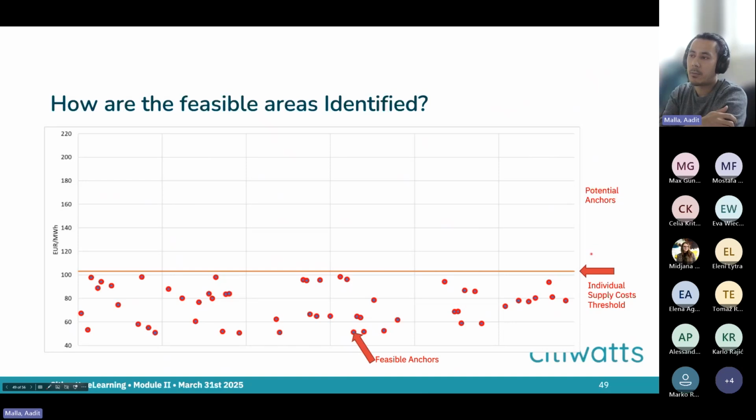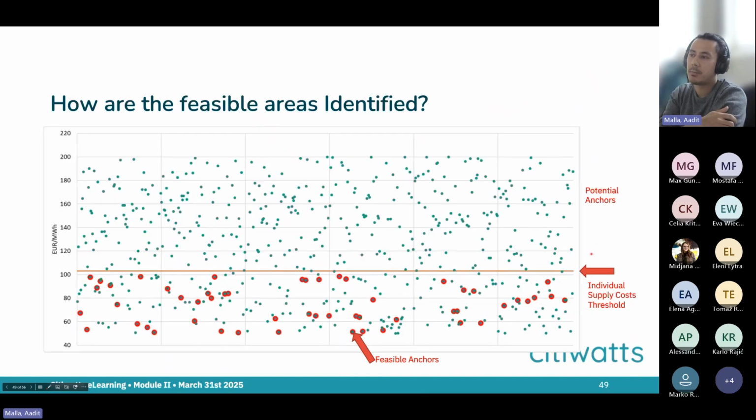And once these anchors are identified, the model goes back to the whole cluster of cells within this region. Taking one anchor point here, for example, these blue boxes are the neighbors surrounding this particular anchor, and the model basically checks if it is still feasible to supply to these cells, staying within the limit of the individual supply.